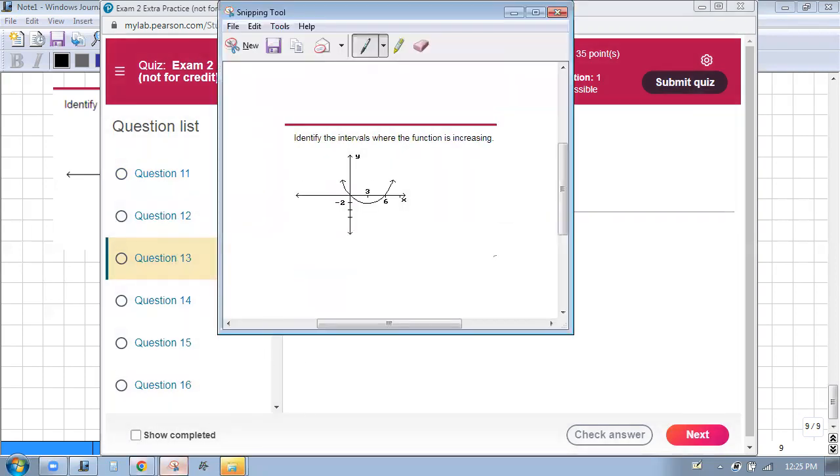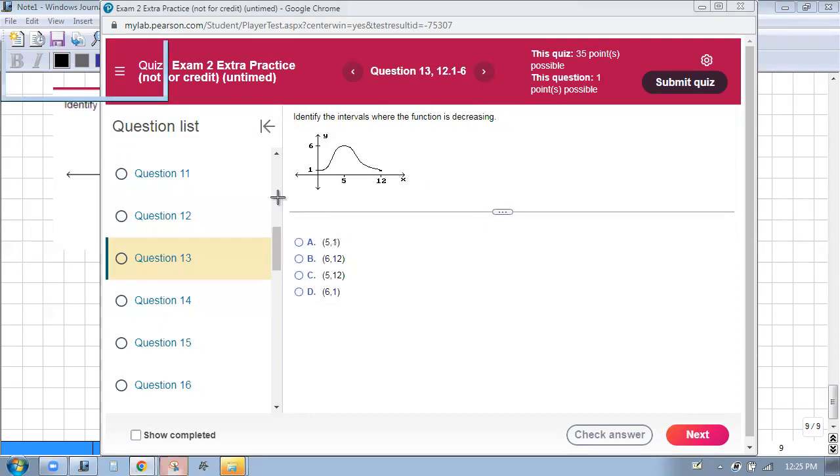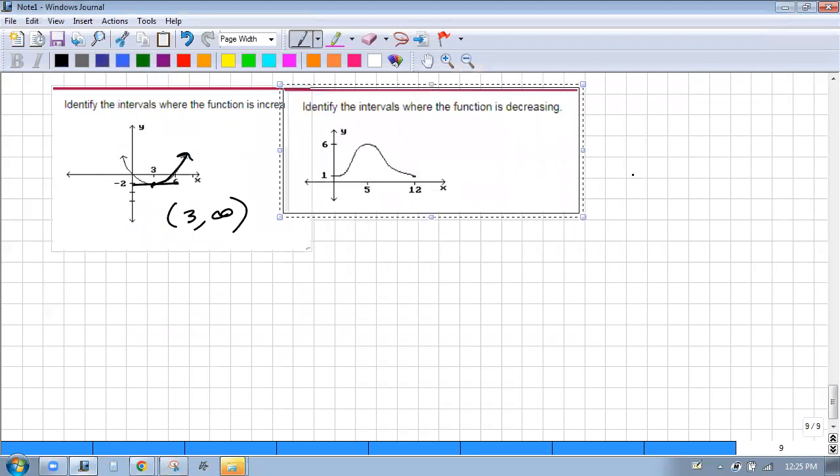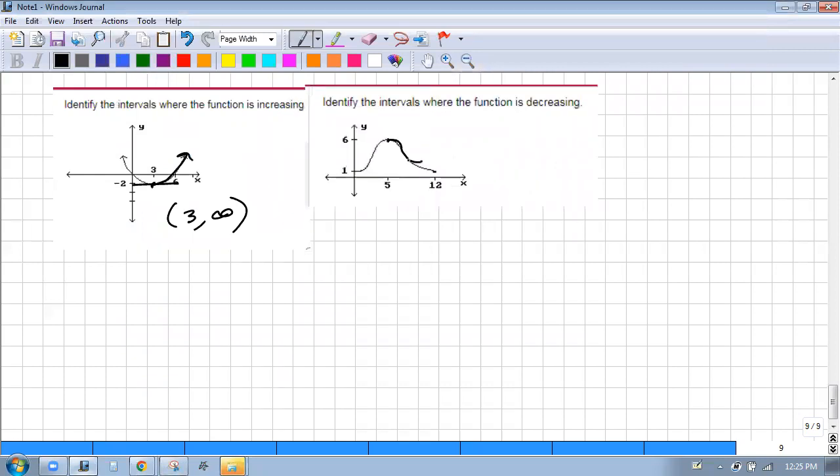Another easy one. Where is it decreasing? Well, here. We'd have to do a round bracket at 5, because at 5 it's 0. And then at 12, we could do a square bracket, because once it gets to 12, it's still going downhill. It's questionable whether you want round. Let's say here's 12.